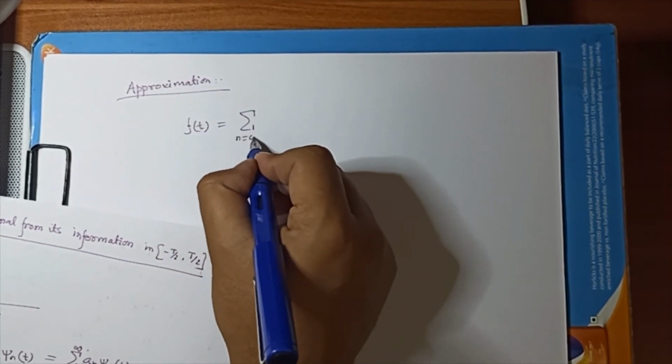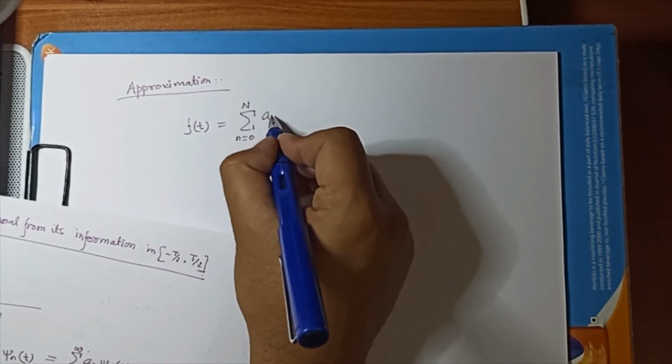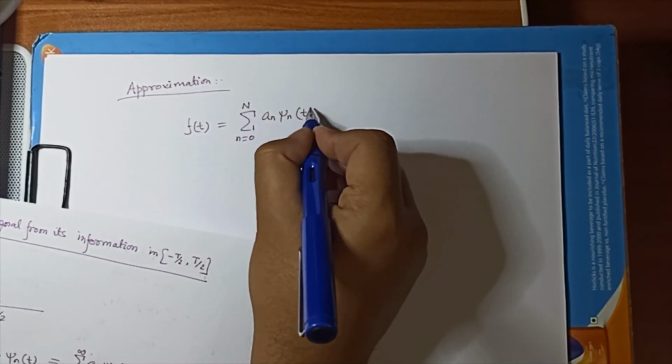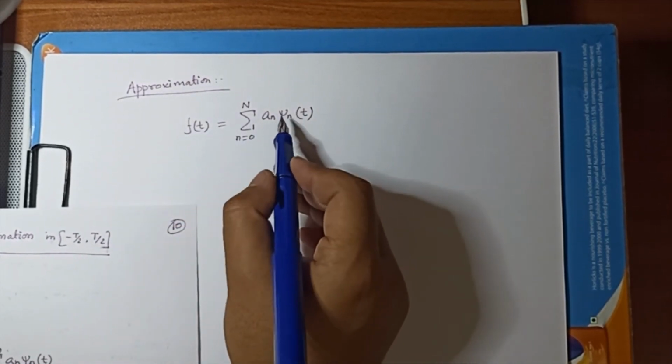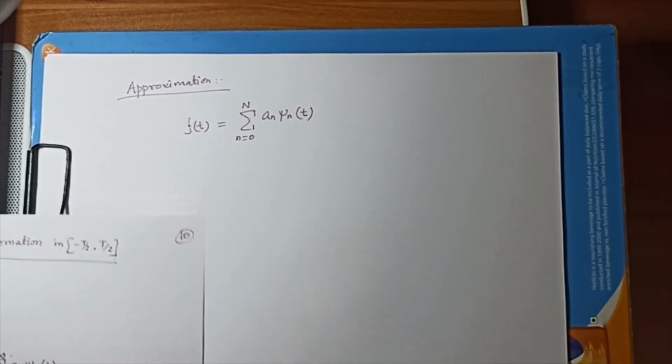the summation from n equal to 0 to N of a_n psi_n(t), like a Fourier series. And what will be the energy which is left out? The energy left out will be basically like from a Parseval kind of application.